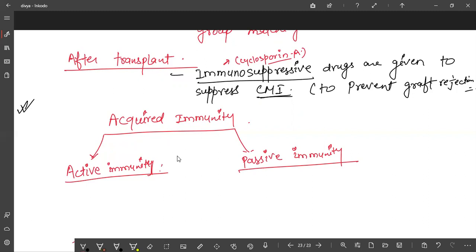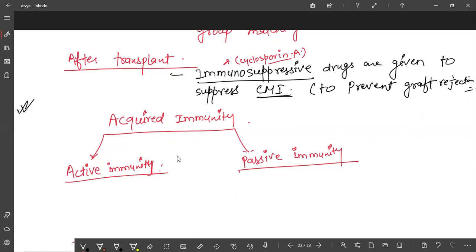In passive immunity, the prepared antibodies are injected or somehow come into our body. So pre-formed antibodies come to our body, then it is called passive immunity. Active means our body produces antibody. It may be through natural infection by the pathogen or induced through a vaccine. In any case, when our body produces antibody, it is called active immunity. And when prepared antibodies come to a person, it is called passive immunity.